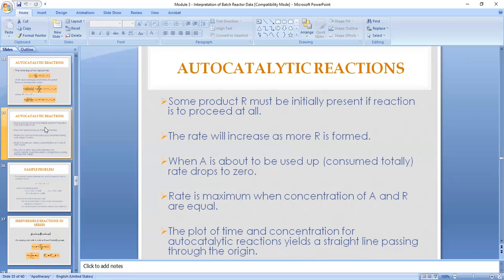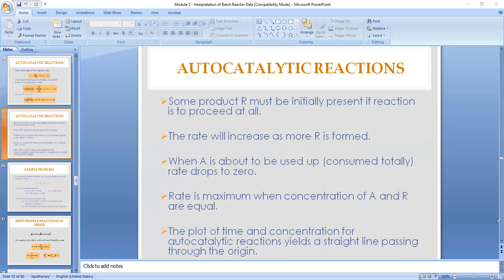Now, the rate is expected to increase since this is autocatalytic as more R is formed. And when A, our reactant, is about to be used up or consumed totally, the rate drops to 0. The rate is maximum when the concentrations of A and R are equal. So this is very important.